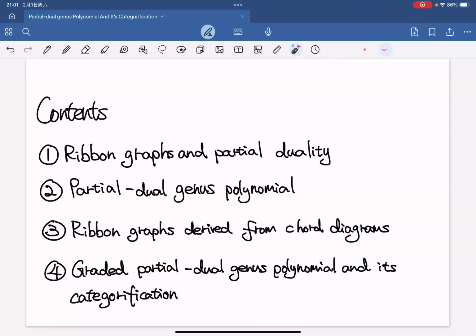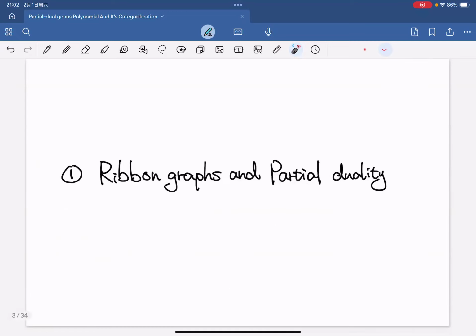First, I will discuss the ribbon graphs derived from diagrams, and the second result, just as the title suggests, I will discuss how to categorify the partial dual genus polynomial. So let's begin. But first, a very quick review of ribbon graphs and partial duality.